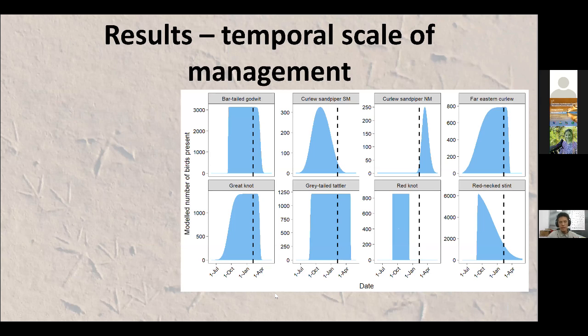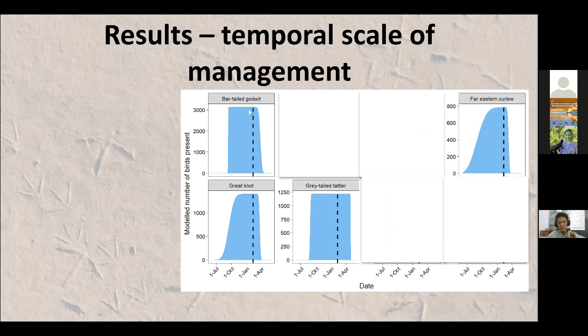So we modeled our count data over the 2 years, and the blue areas that you can see here are the passage of the migratory birds. You can see for some species, they basically stayed in our study area for the entire non-breeding season.